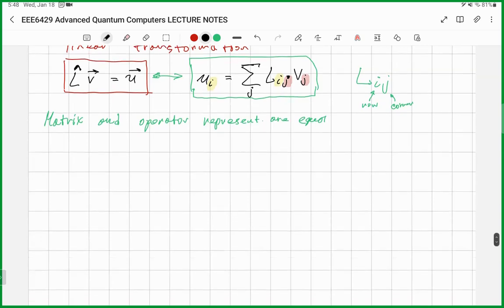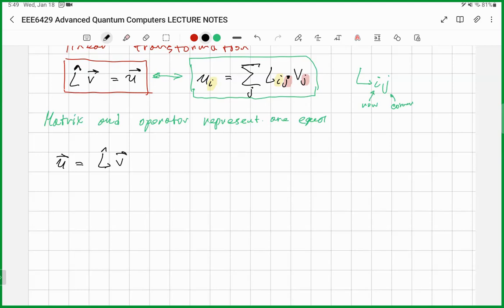Let's demonstrate that. So let's return to this operator representation. My U is equal to operator L acting on a vector V, right?